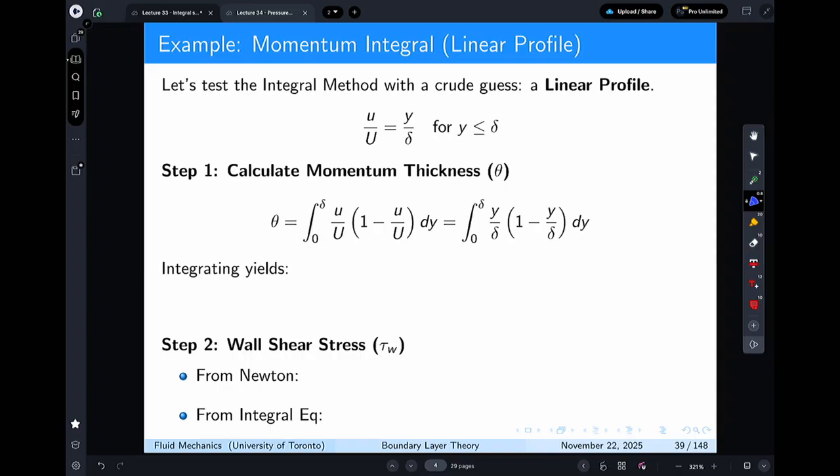Substituting in this linear profile, just assuming it goes from 0 linearly up to u infinity, you end up with y over delta times 1 minus y over delta, dy. And you can integrate that.